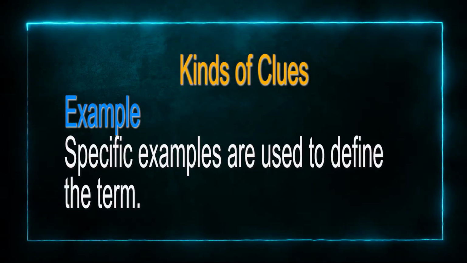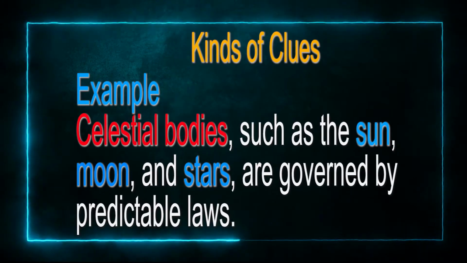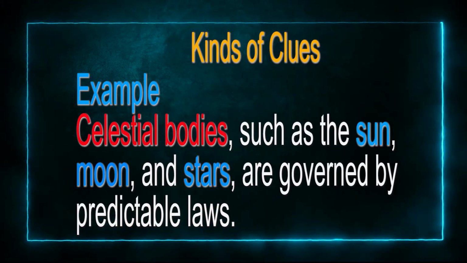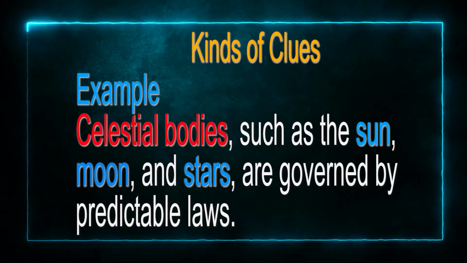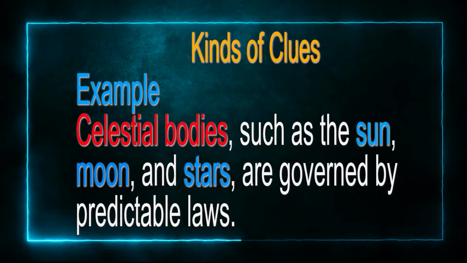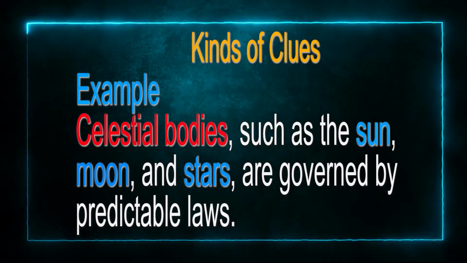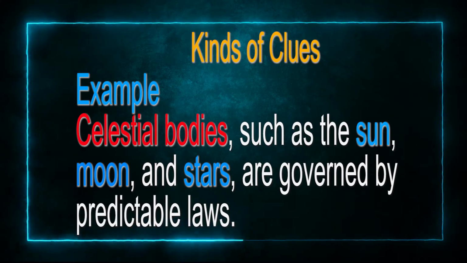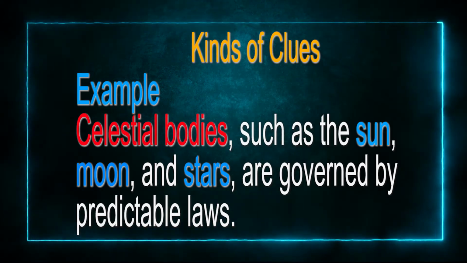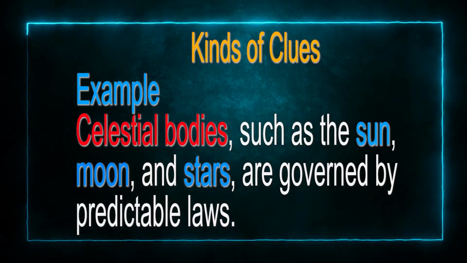Then we have the example kind of clues. Specific examples are used to define the term. Celestial bodies, such as the sun, moon, and stars, are governed by predictable laws.